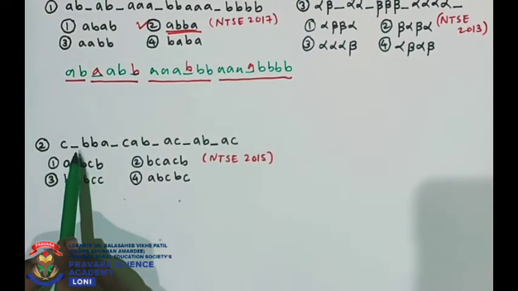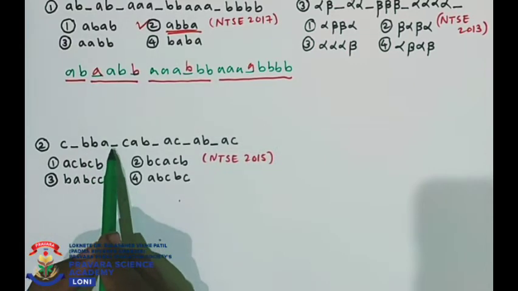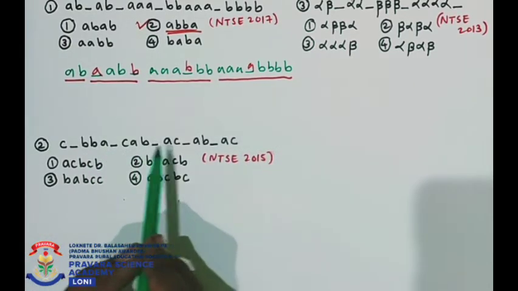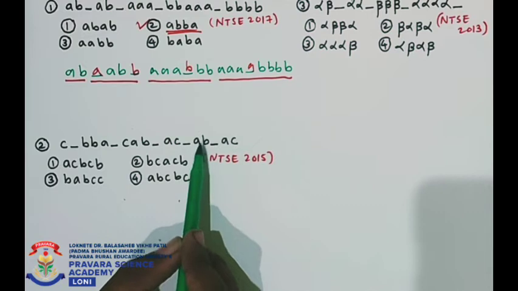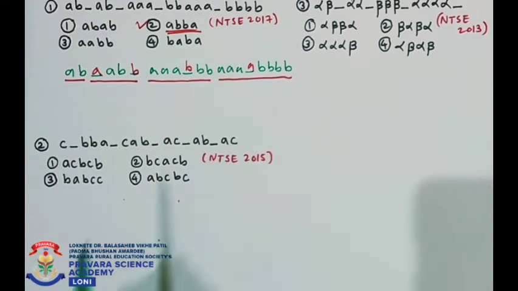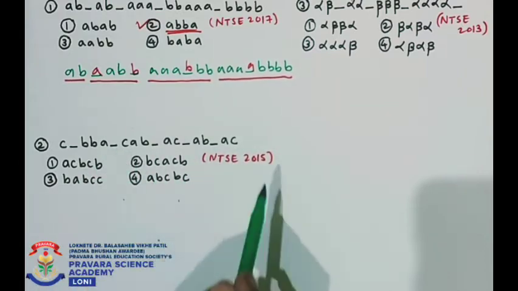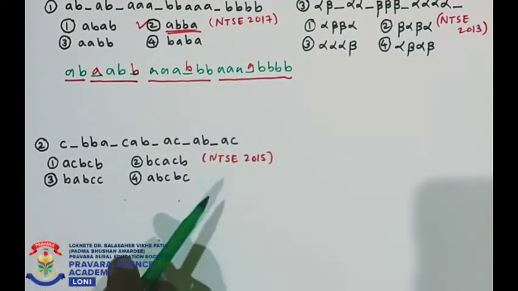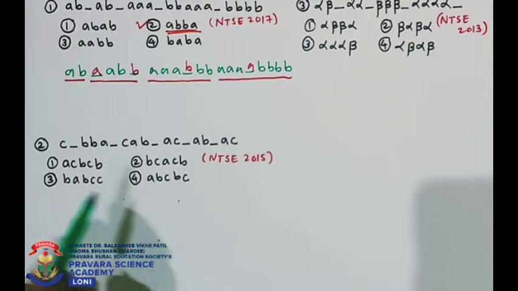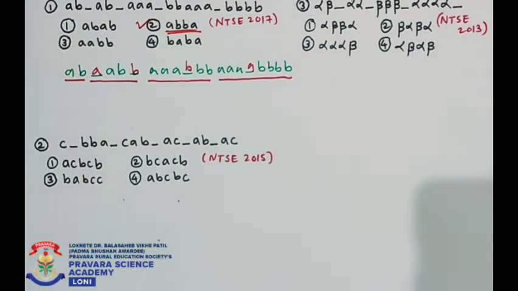C blank space BBA blank space CAB blank space AC blank space AB blank space AC. So here there is not much repetition of words, so we'll just go with our method of trying every option.